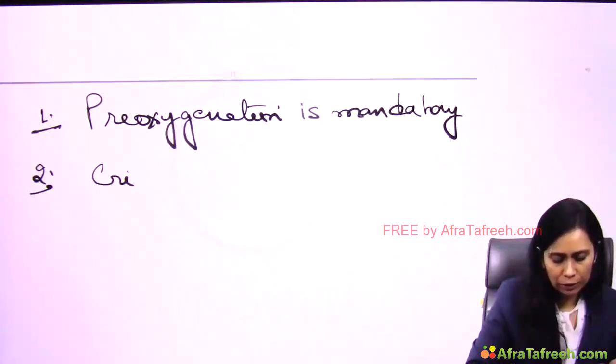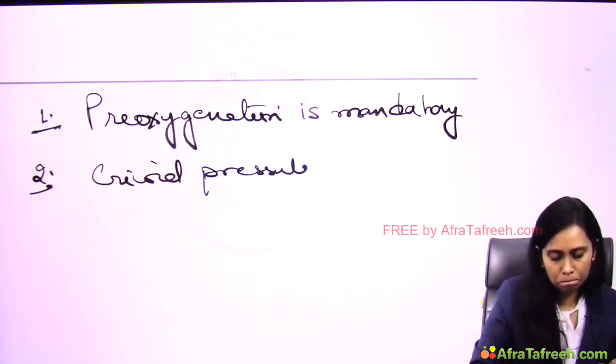And the trachea is pushed and it is pressing the esophagus. The trachea is covered by cartilage, so its lumen wouldn't collapse. But the esophagus is smooth muscle. Its lumen collapses. Okay? So what happens? By applying pressure, I am trying to collapse the lumen of the esophagus. We call it cricoid pressure.